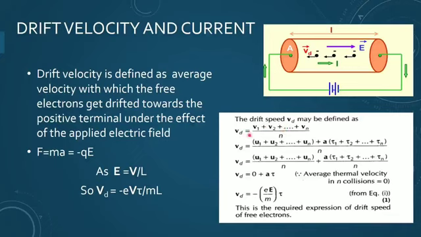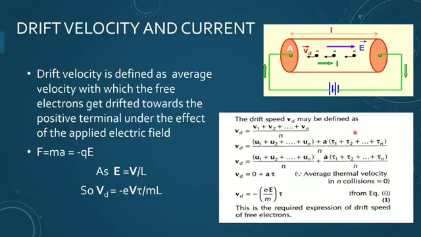So the average velocity I need to find is given by the sum of the velocities of all the electrons divided by the number of electrons, n. If v is the velocity of one electron, then using the first equation of motion, v equals u plus at, where t is tau1 for the first electron, that is, the relaxation time of the first electron.